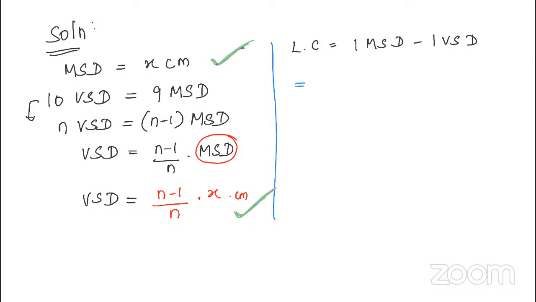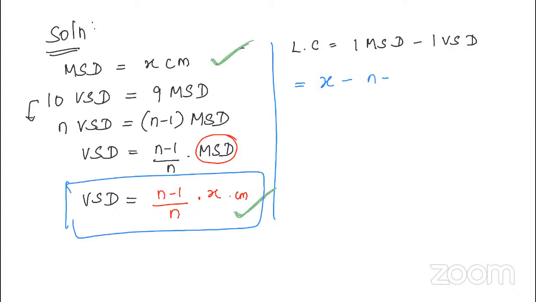What is the value of 1 MSD? It is x, minus. What is the value of 1 VSD? It is n minus 1 into x divided by n. So we just multiplied inside, minus n minus nx, including that sign also.